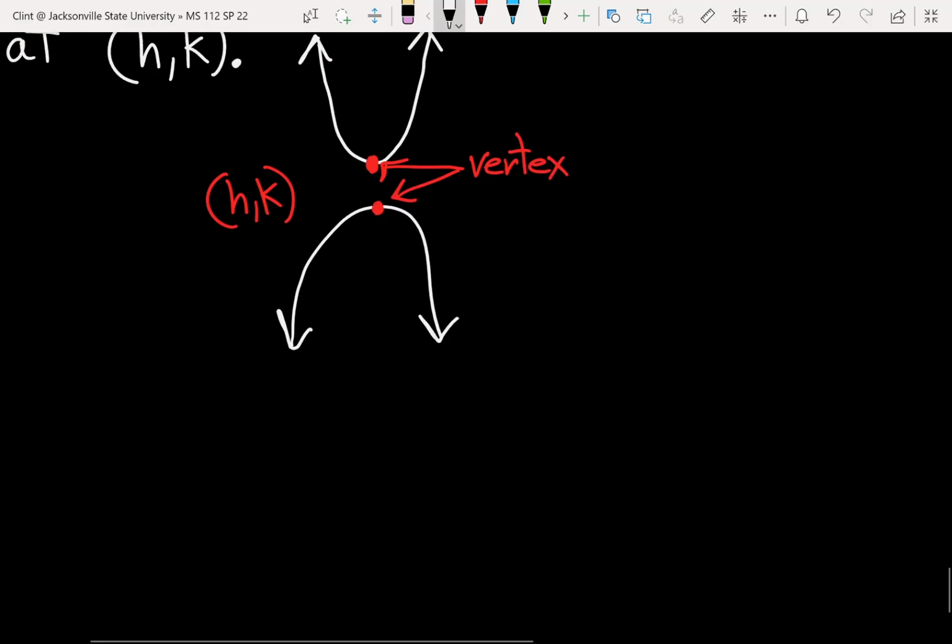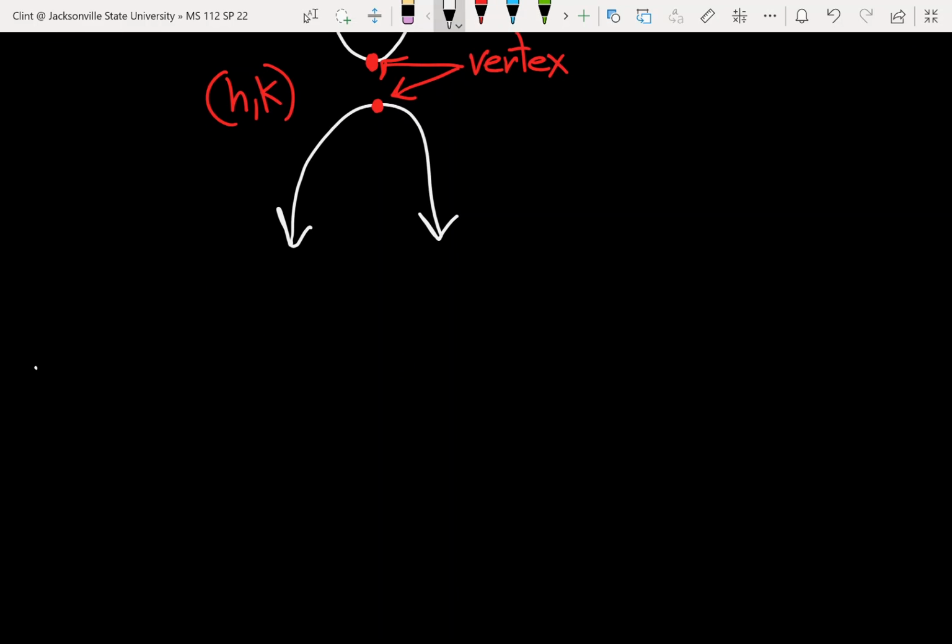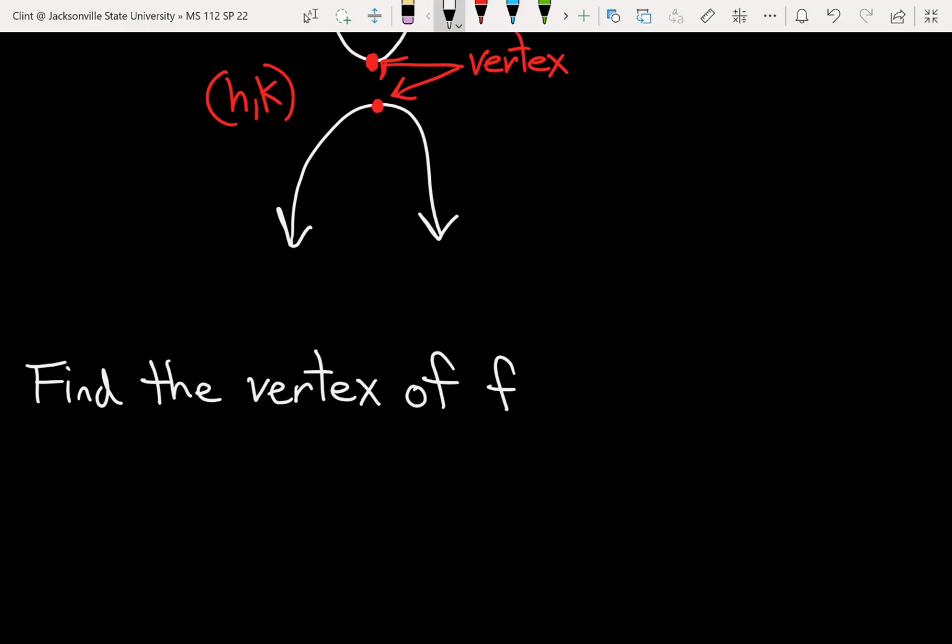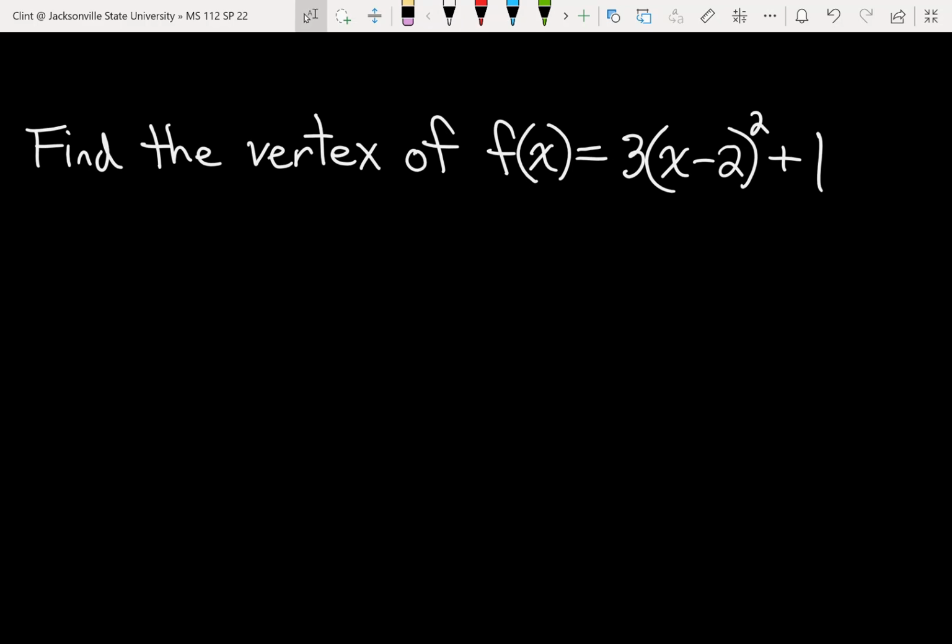So let's look at one. There's that one. We got 3 times x minus 2 squared plus 1.